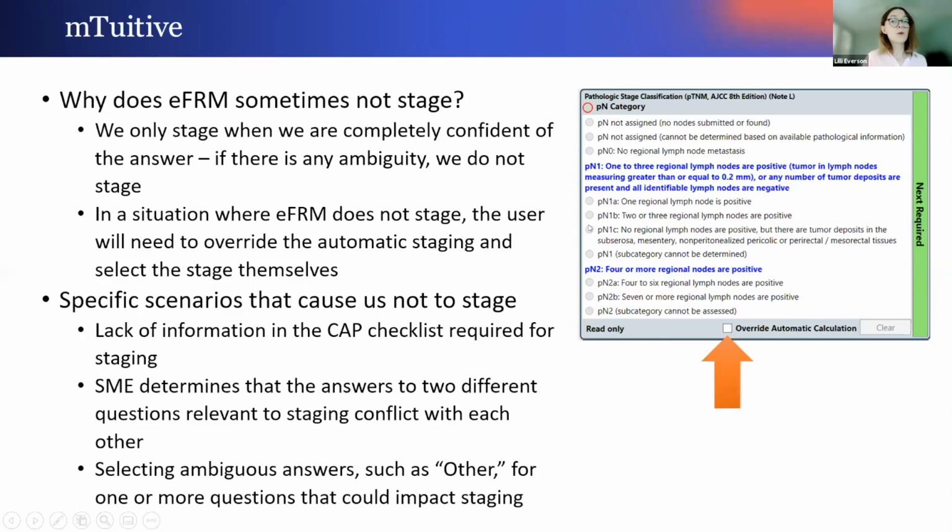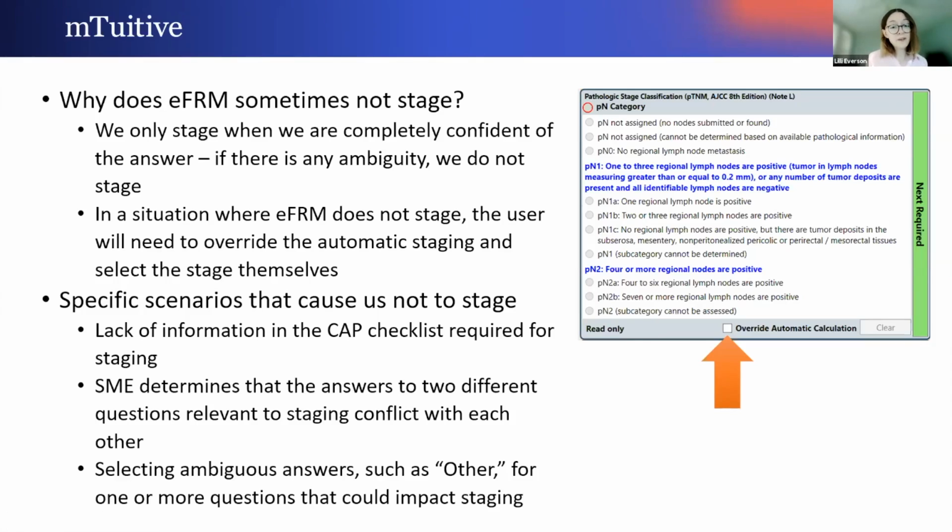And this is another important thing to do because it gives the pathologist a chance to stop, look over their answers. Maybe they misclicked on their keyboard and selected something that they didn't mean to select. And so if we can try and catch some of those and not stage in situations where things seem a little bit unclear, that's just another stop in the process to make sure the errors aren't being made.